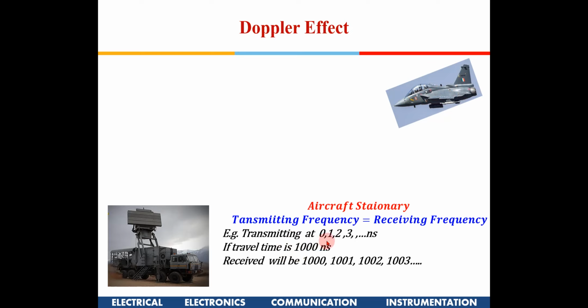So if I am transmitting at 0 nanosecond, 1, 2, 3, every 1 nanosecond I am sending a pulse, and if the travel time for this packet of energy to hit the aircraft and come back is 1000 nanoseconds, I would be receiving at 1000, 1001, 1002 nanoseconds. So the transmitting frequency is 1 gigahertz: at every 1 nanosecond I am transmitting one pulse, and I am receiving it at every 1 nanosecond.